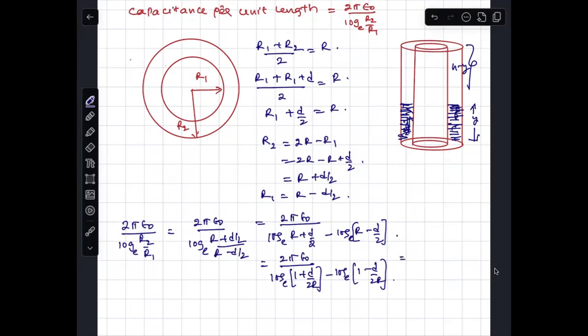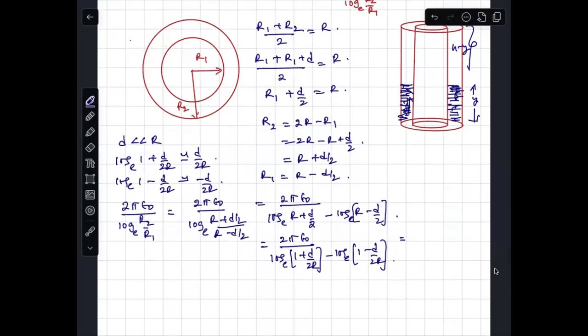Earlier, when D is much smaller than R, log_e (1 plus D by 2R) is nearly D by 2R. This you need to know. Log_e (1 minus D by 2R) is nearly minus D by 2R. You can take it, expansions. So finally, this can be written as 2 pi epsilon naught R by D.